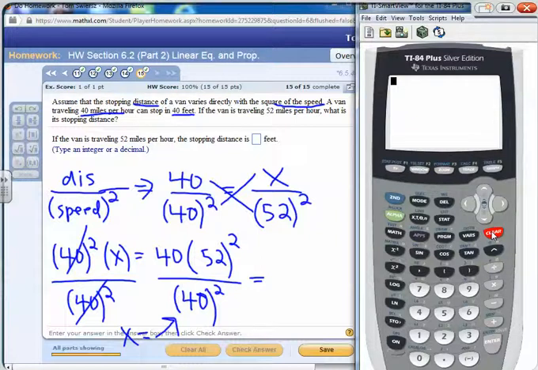Again, you can just use the square key on your calculator. You don't have to figure what it is. You can just do it all doing squares. So put that in.